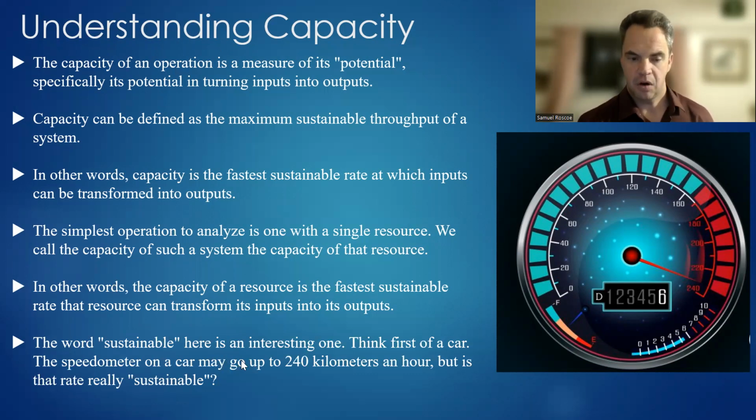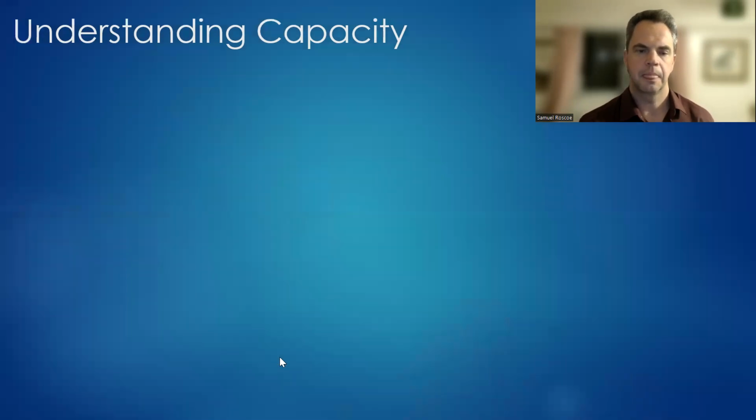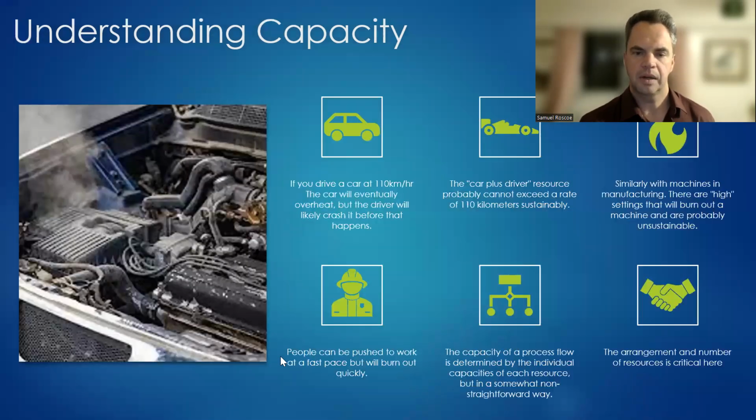First, if we think about a car, the speedometer in a car may go up to 240 kilometers, such as in this example, but is that rate really sustainable? When we look at this concept of capacity, if you drive a car at 110 kilometers an hour or 240 kilometers in the last example, the car will eventually overheat, but the driver will likely crash it before that happens, okay?